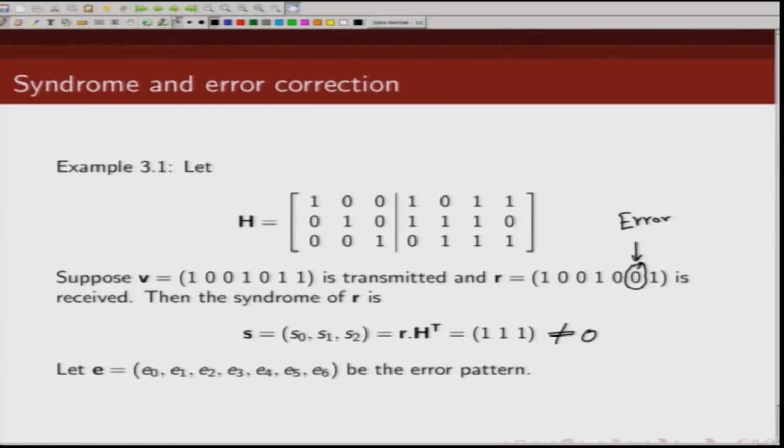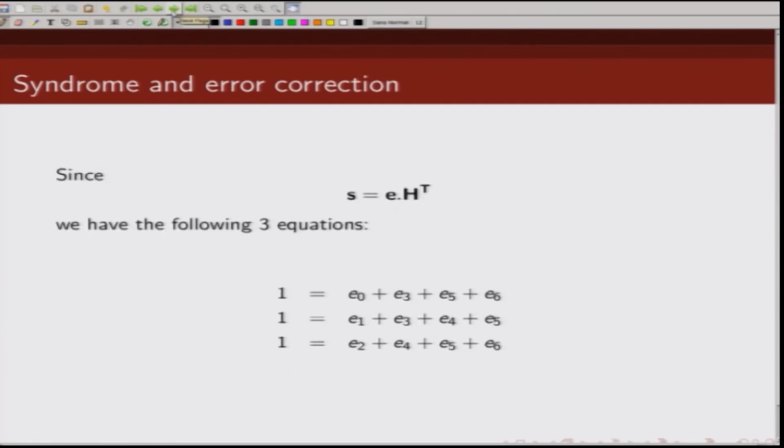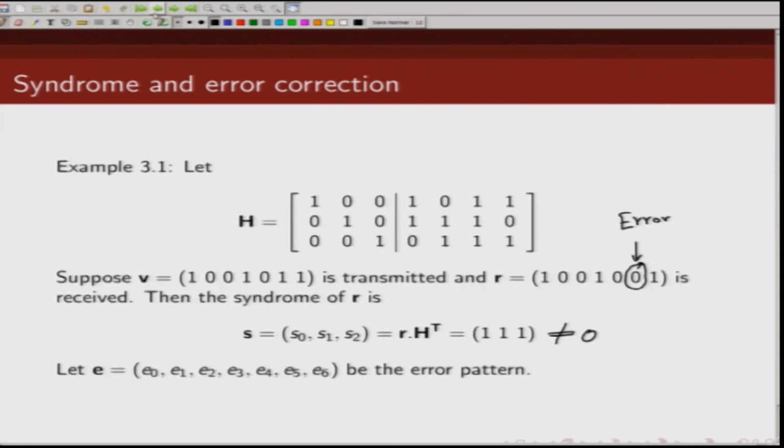In this case, we can write the syndrome in terms of error bits. We have 3 equations and a total of 7 unknowns, and these equations are given by this. We have our H matrix given by this, and this is our error pattern.